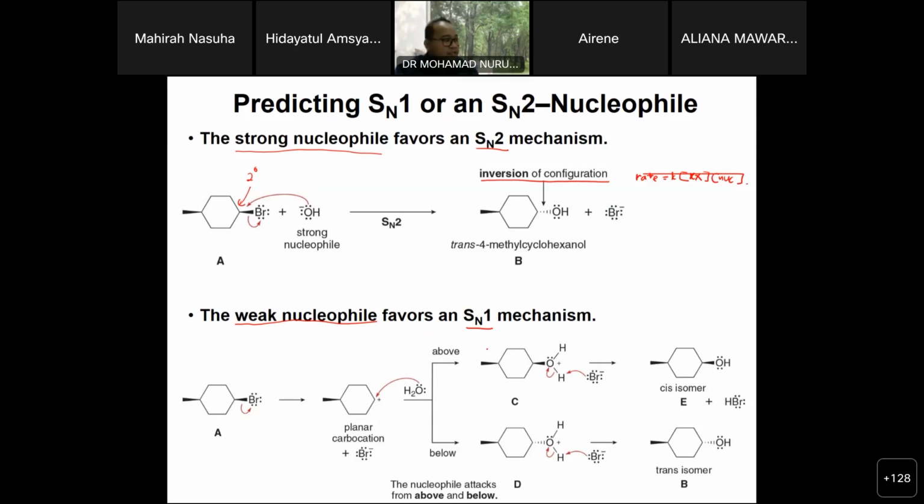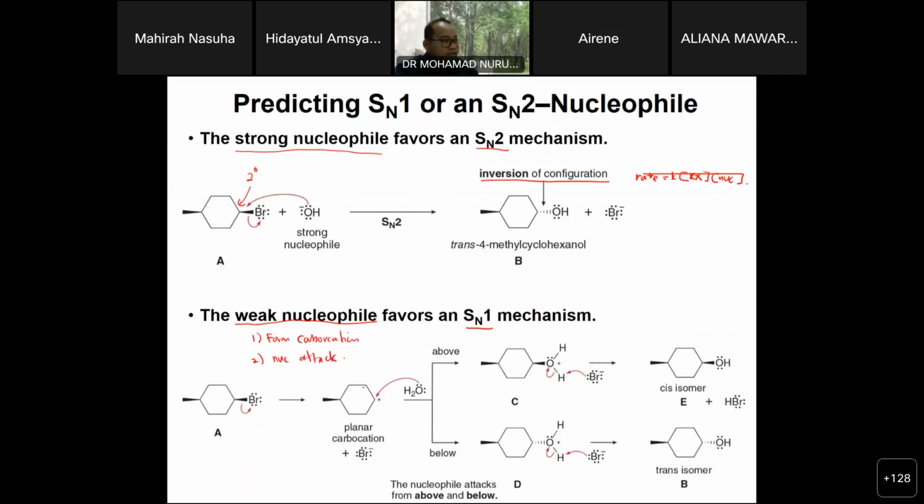This is very important because they form a carbocation first, and then there is a nucleophilic attack.